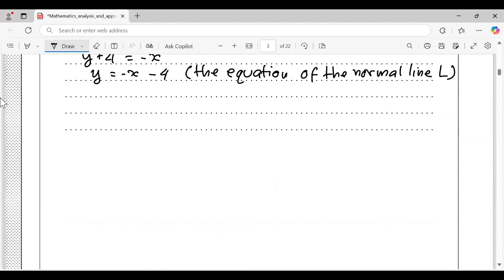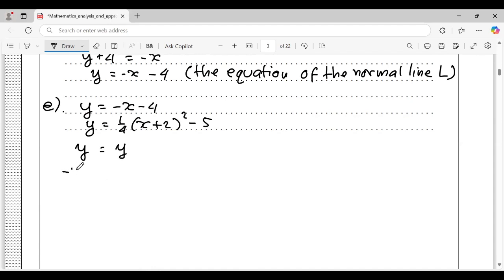Part E. We are going to find the intercept point of the line L and the parabola. Just now I told you that the line equation is minus x minus 4, and the parabola is 1/4 times x plus 2 squared minus 5. So y equals y, which means minus x minus 4 equals 1/4 (x plus 2) squared minus 5.